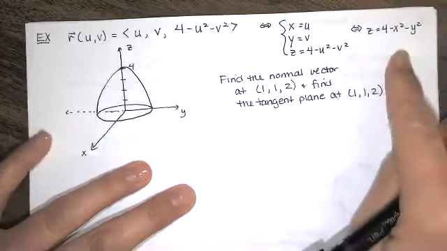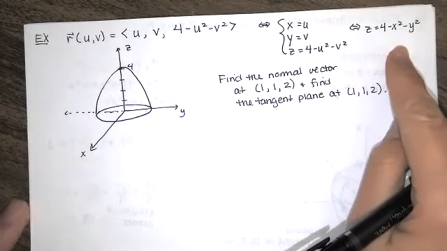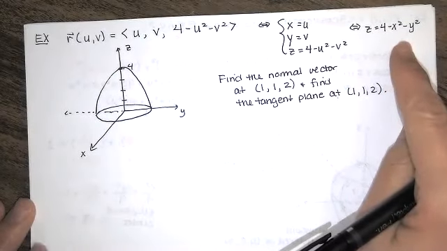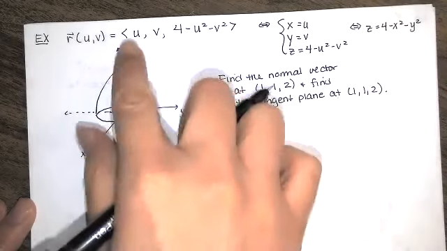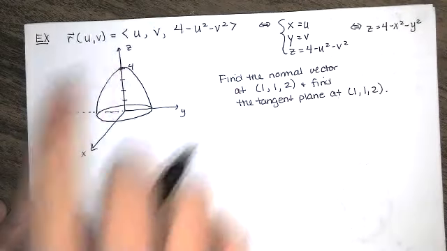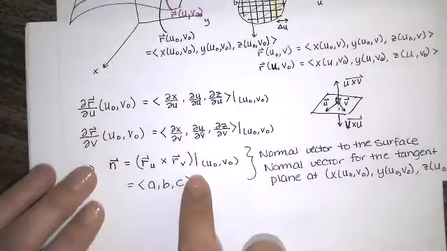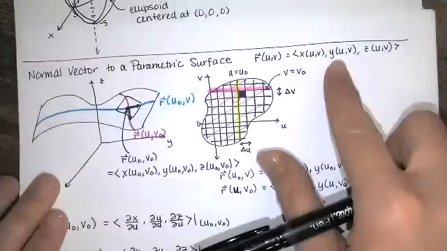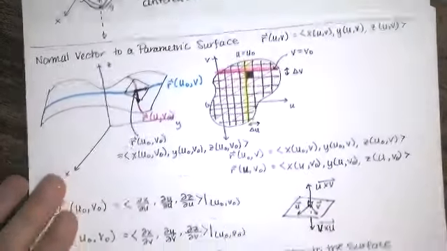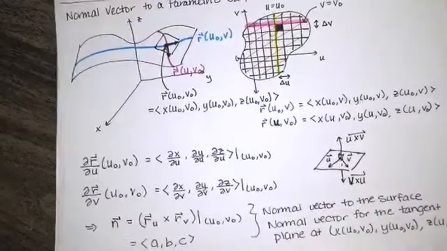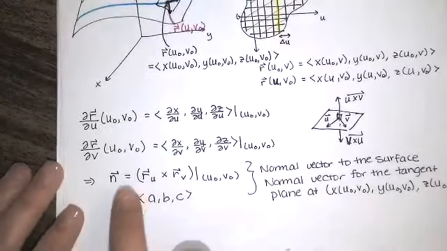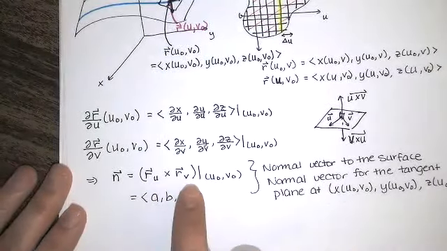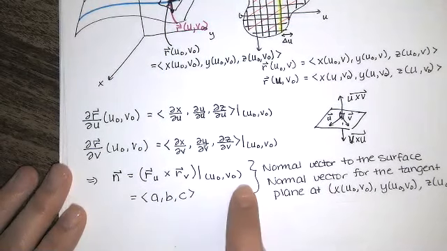Now we could just use this version of the surface. I know that would probably be easier and more comfortable for us, but we want to practice finding the normal vector using this formula on the other page, because sometimes we don't actually know what the surface looks like, and we just have this parametric representation. Even if I can't graph it, I know that a normal vector to the surface is given by this cross product evaluated at u naught, v naught.